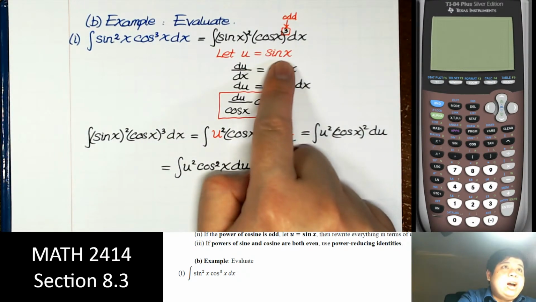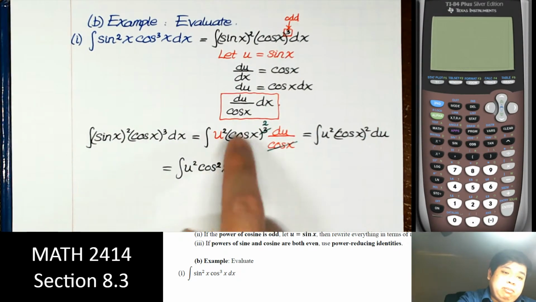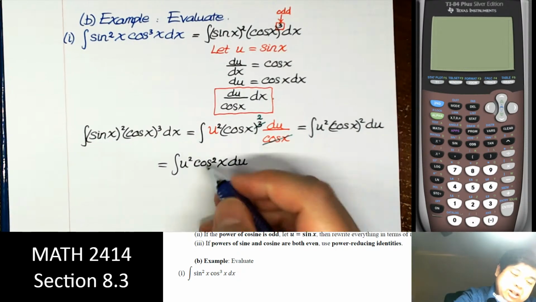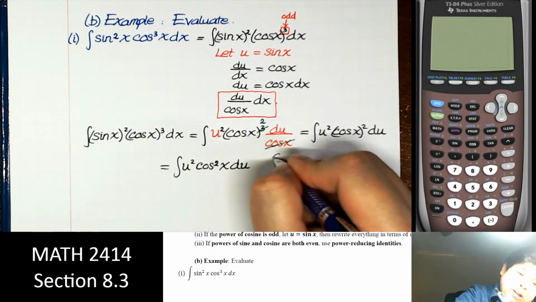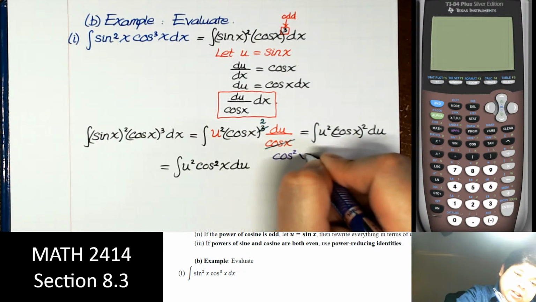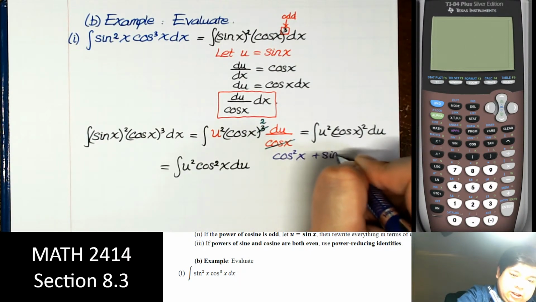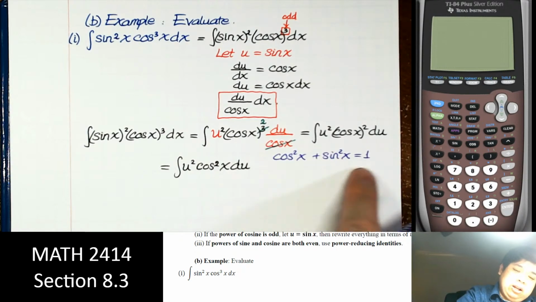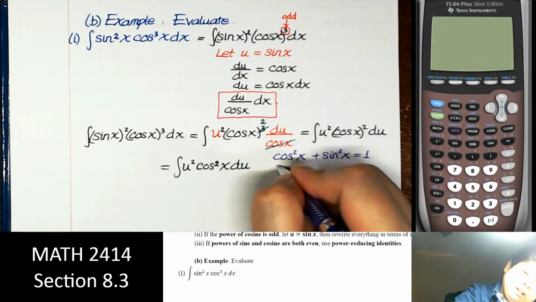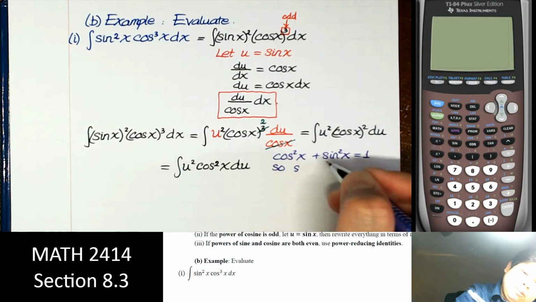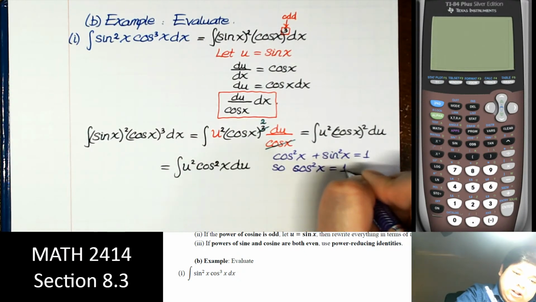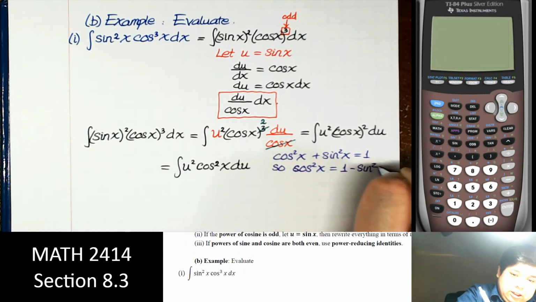We have u is equal to sin x, so somehow we can go back to that. It would be nice, and there's certainly a way to do that. We have cosine square plus sine square equal to 1. So to solve for cosine square, we subtract the sine square: cosine square equals 1 minus sine square.